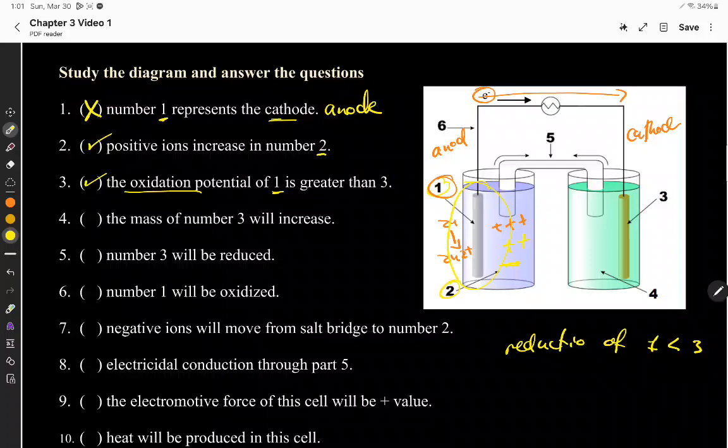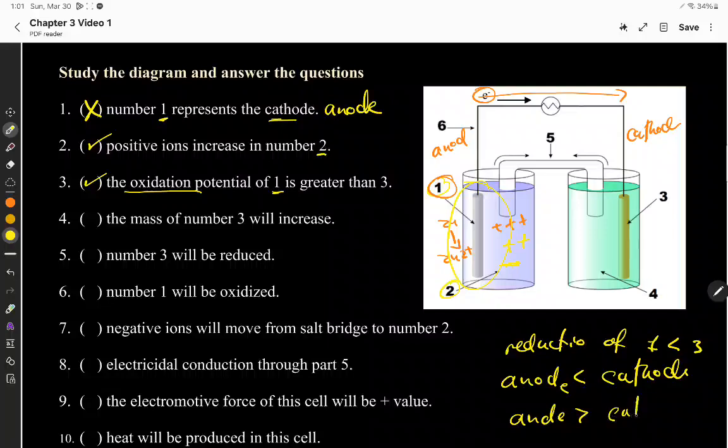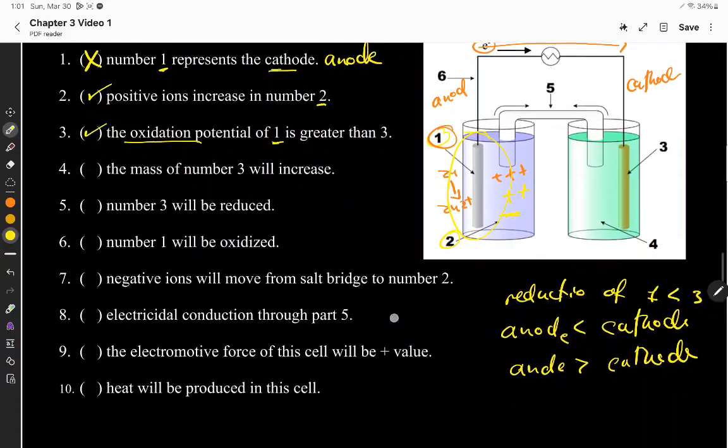But if we speak about reduction potential, the reduction potential of the anode is less than the reduction potential of the cathode. So we need to note whether we speak about oxidation or reduction. Later we will have more idea about this one.